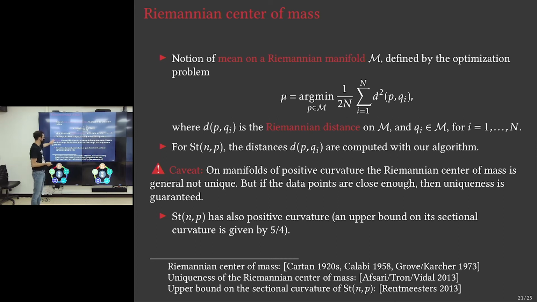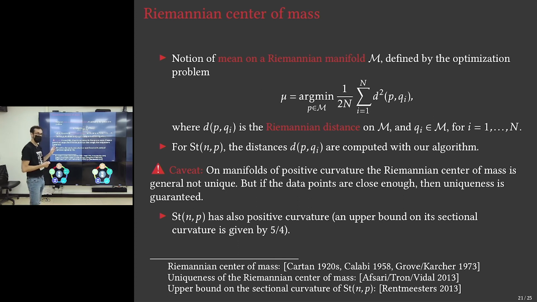This is more of a theoretical warning, because on manifolds of positive curvature, the Riemannian center of mass is in general not unique.